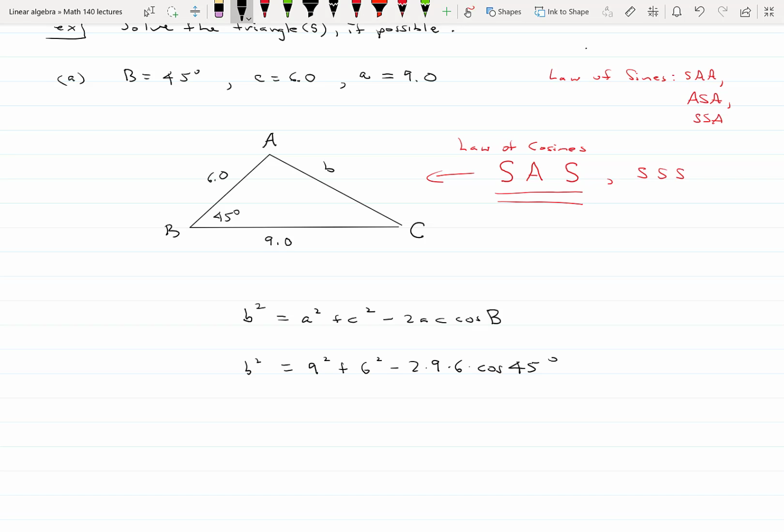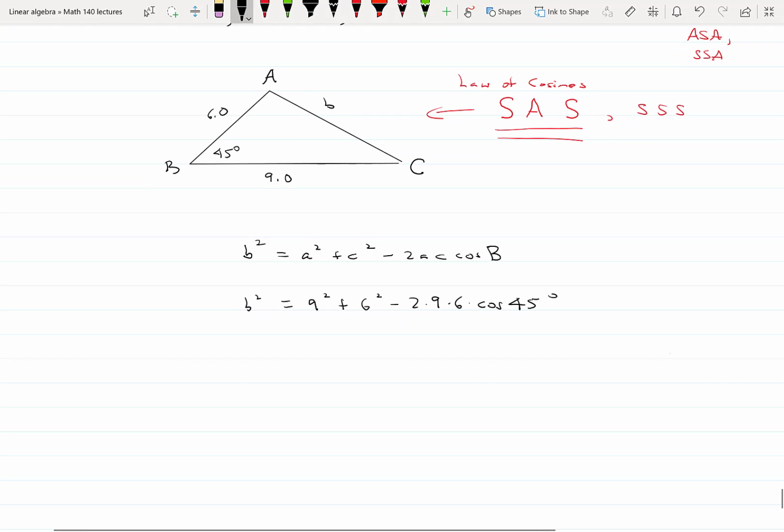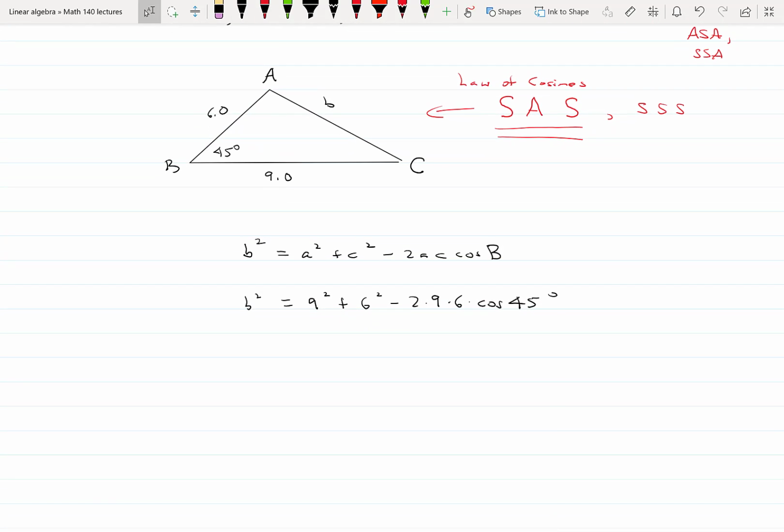So it's really very simple to enter the information once you have the version of the law of cosines decided on. Now you can do the computation for B in one long step on your calculator.